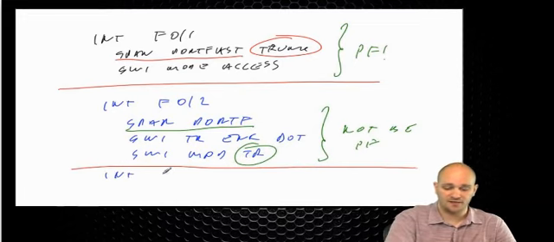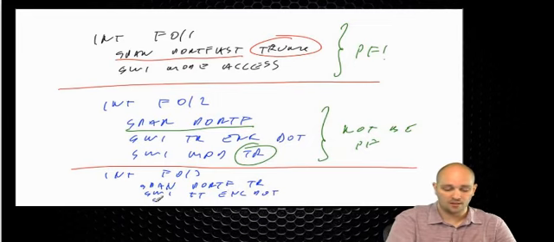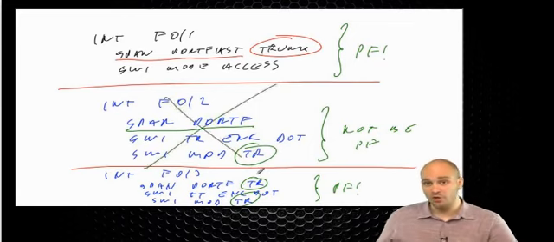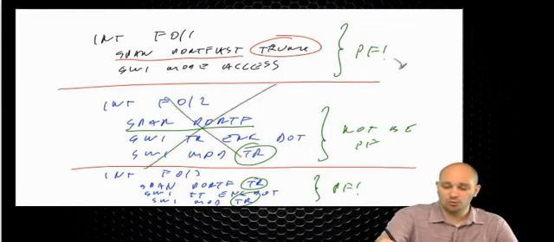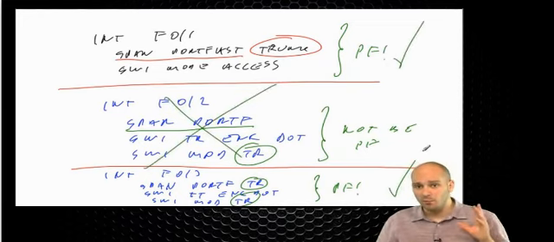If I had interface FastEthernet 0/3 and I had spanning-tree portfast trunk, and I had switchport trunk encapsulation dot1q and switchport mode trunk, this will actually be Portfast, because I am including the trunk keyword here, and the interface is a trunk or an access port. So this here is not a valid configuration if you want to have Portfast, but these two are actually both acceptable solutions to make these interfaces Portfast.